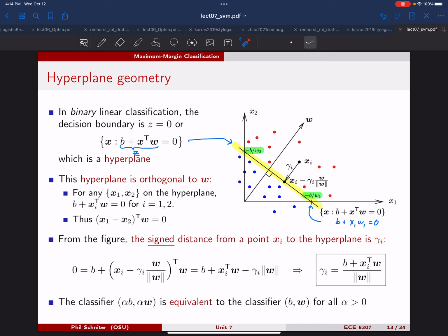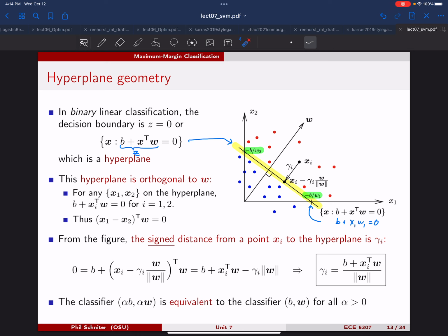Any questions on that? Okay, so another important thing that will lead us directly to our support vector machine is we'd like to characterize the distance between any training point, xi, and the boundary. So we want to measure the distance from here to there.